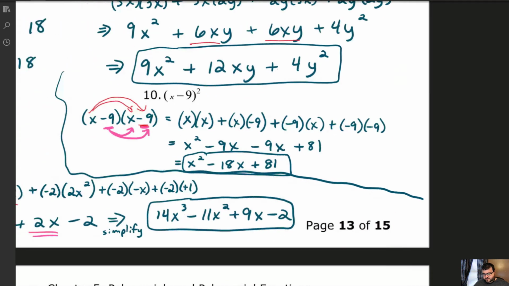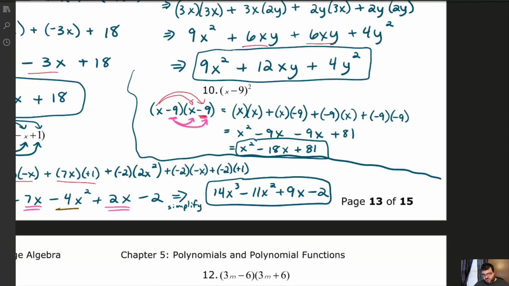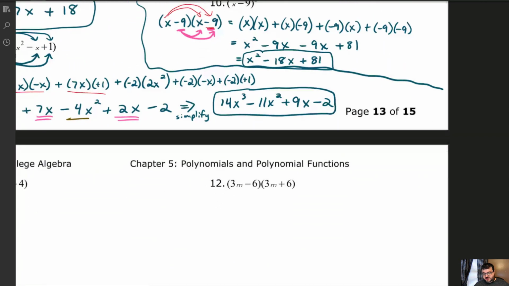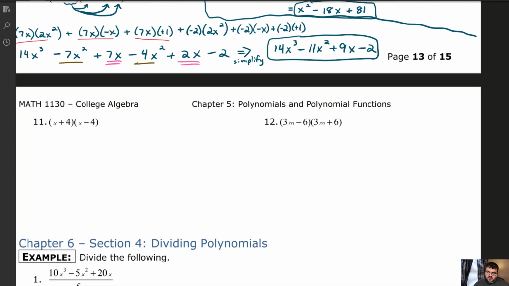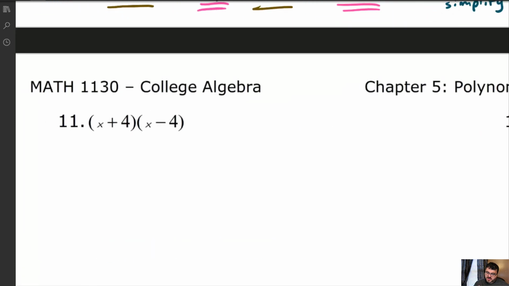Okay, scrolling on down just a little bit more, just a couple more examples in this section, but we have these two right here. Now, if you notice how it has x plus 4 and x minus 4 right here, these are actually called conjugates, where the sign in the middle is the only thing that's different with the two.